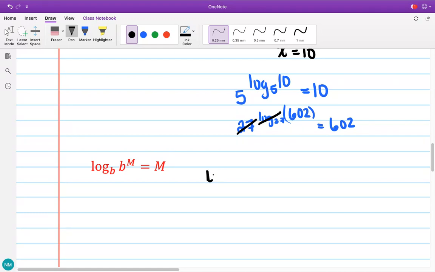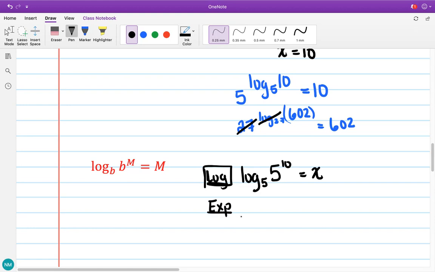So this is in logarithmic form. If I have log base 5 of 5 to the 10th power equals something, we do know what it is based on the previous example, but let's pretend we don't know.